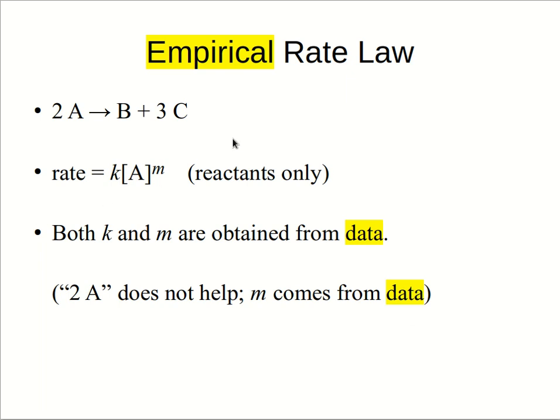Now, just to drive this home again, why is it called an empirical rate law? So we have 2A goes to B and 3C. I'm specifying my products here explicitly because normally I don't care about it. I just write P for products, and products are not specified.